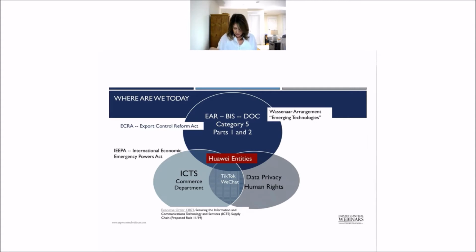And we're certainly not going to go into that because it's several hours of training. But I just wanted to acknowledge that we have companies on the call with interest in this area that aren't necessarily US companies.